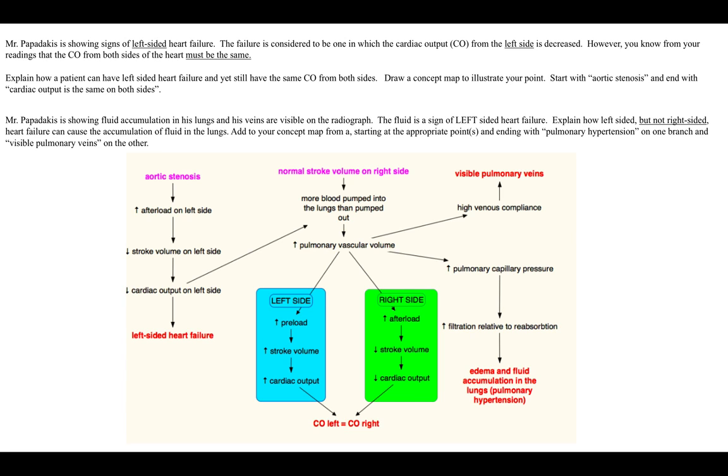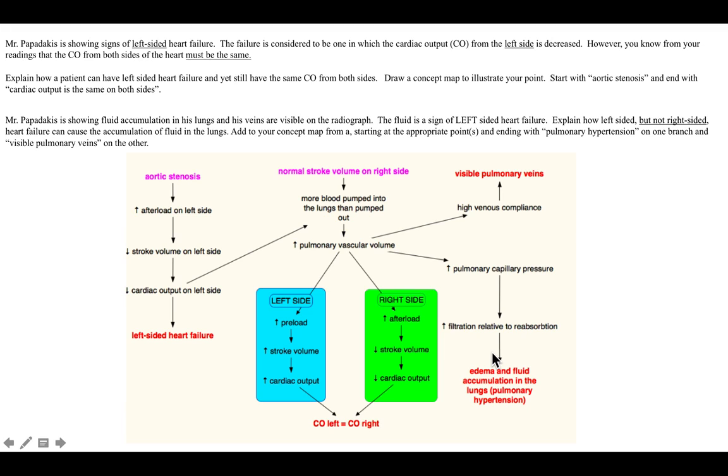But if it's one side or the other, then these signs will be more severe in one spot or the other. If you're getting pulmonary edema, you may still see a little bit of signs here and there of right-sided failure, but you should be thinking 95% of the time when you see this, left-sided.